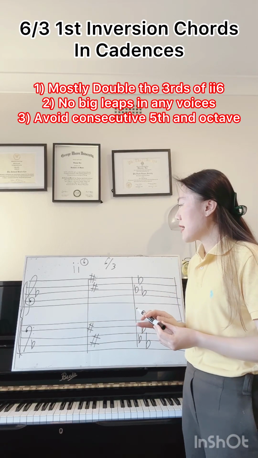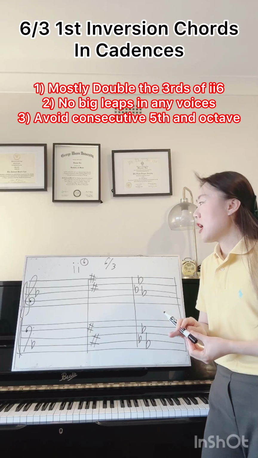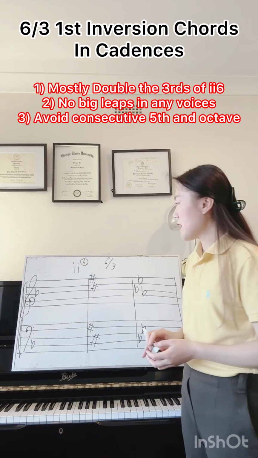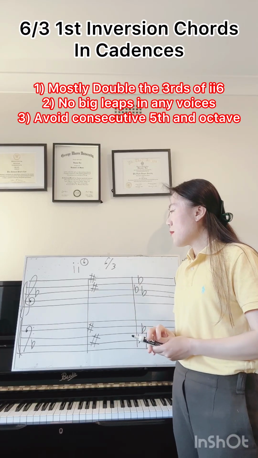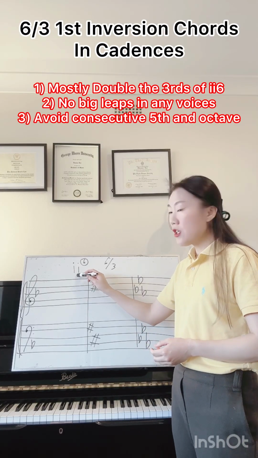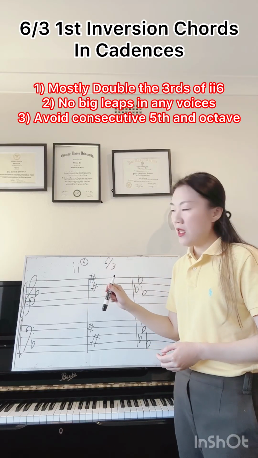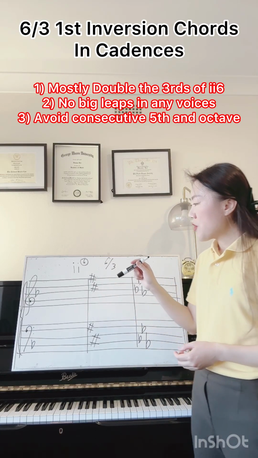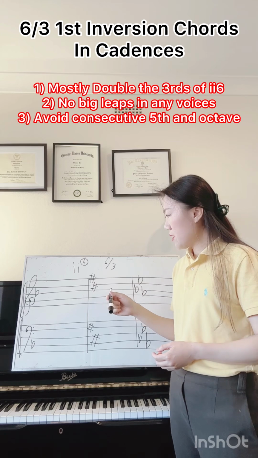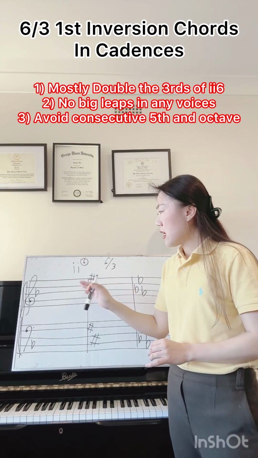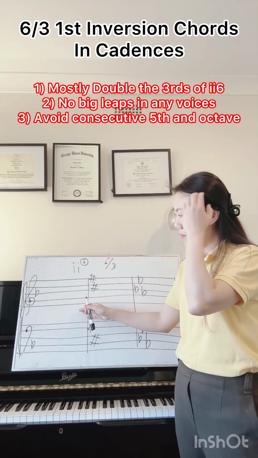When you're building up the supertonic first inversion chord followed by the fifth chord to form an imperfect cadence, you have to remember most of the time you double the third of the supertonic chord instead of doubling the root. Make sure that there are no big leaps between any voices, and you must avoid consecutive fifths and octaves.